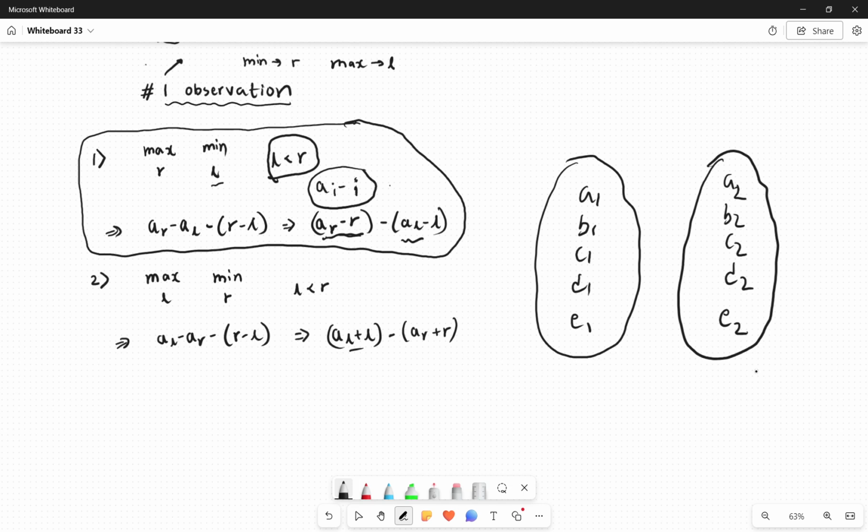So from the right node I have to consider the second argument. So if I consider the first case, then my answer can be b2 minus b1, right?